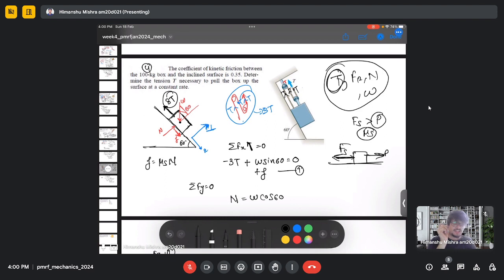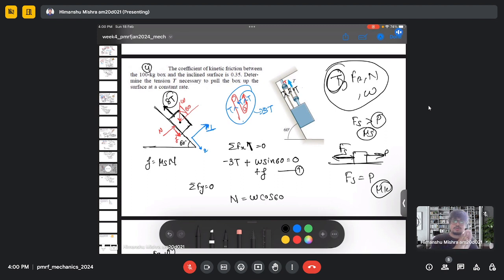But now you keep increasing the external force. Then there will be a point where the friction as well as the external force are equal to each other, and that is your impending motion. Because if you increase the external force after that, then the block will start moving. So after that point, you need to use the kinetic coefficient of friction. That is beyond the impending motion.